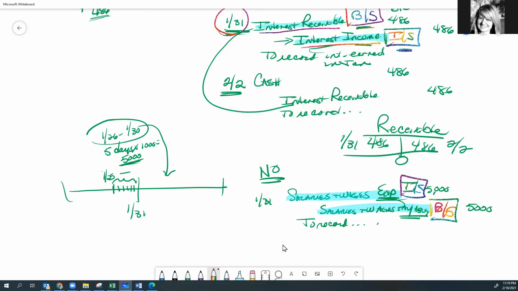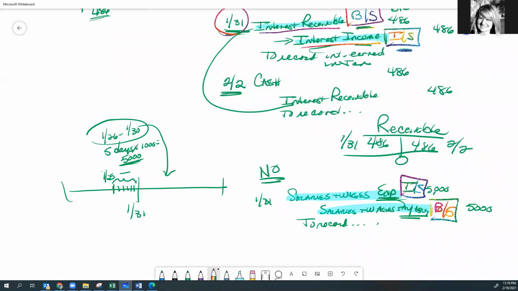And then, I couldn't possibly give you every single scenario where we would have a prepayment and an accrual, because it can be anything, right? If you have incurred the expense but you haven't paid it, you need to record it. If you have earned revenue and you haven't received it, you need to record the revenue. So I can throw 1,000 different scenarios at you.